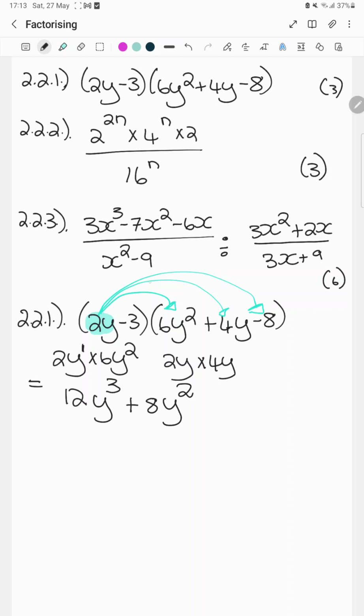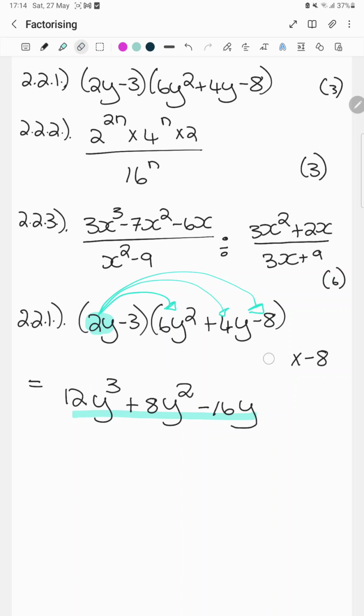Then we move on to our last one, which is 2y times negative 8. Then 2 times negative 8 becomes negative 16y. So there we did the first part, which I'm just going to highlight in blue so that you know where it comes from.